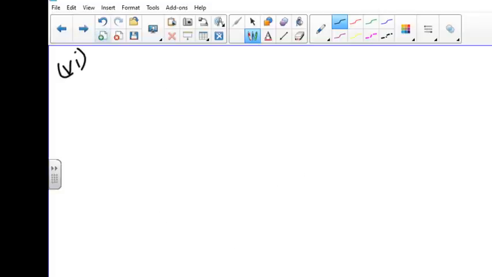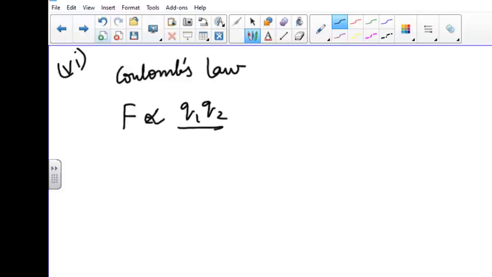The sixth one is, we are going to compare the Coulomb's force and the gravitational force, because we find various similarities between these two equations, that is the Coulomb's law and Newton's law of gravitation. If you take Coulomb's law, F is proportional to Q1 Q2 by R square, or we can write F is equal to K into Q1 Q2 by R square.